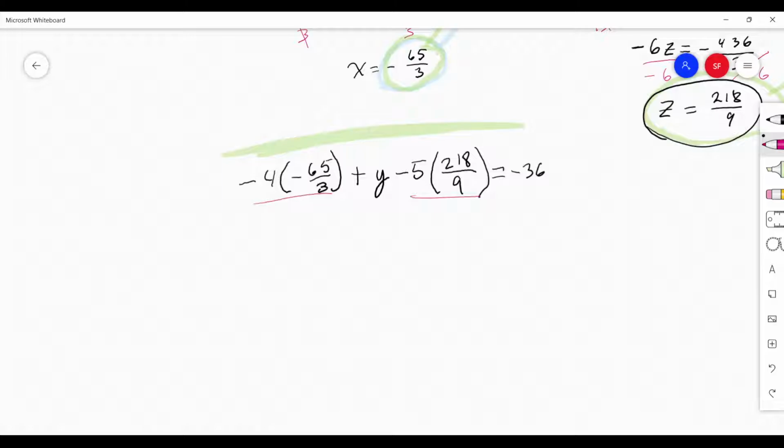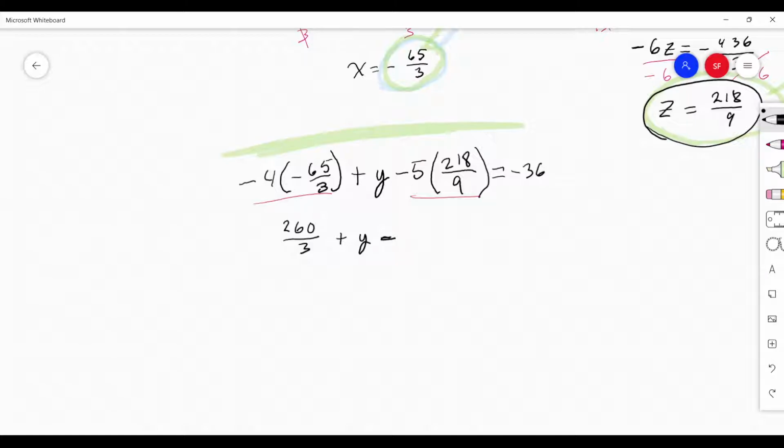So 4 times 65 over 3, it's going to be positive because negative times negative is a positive. So 260 thirds plus y. And then this one's going to end up negative, right?